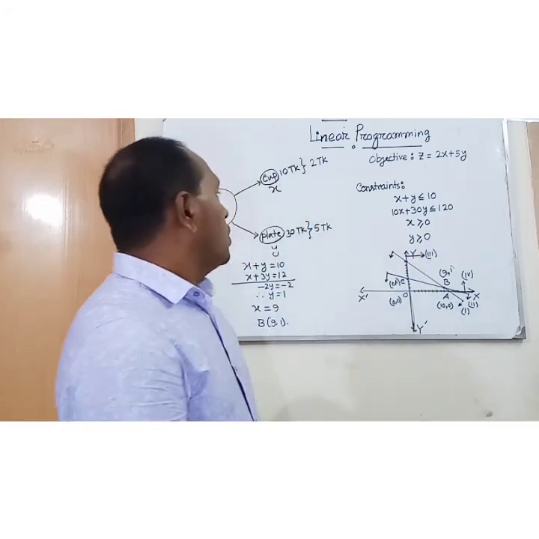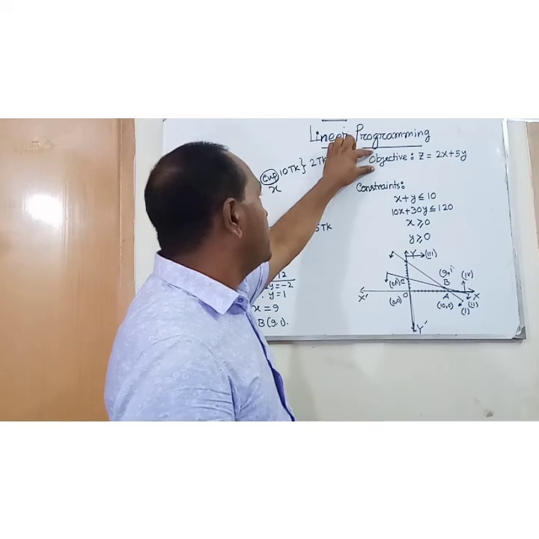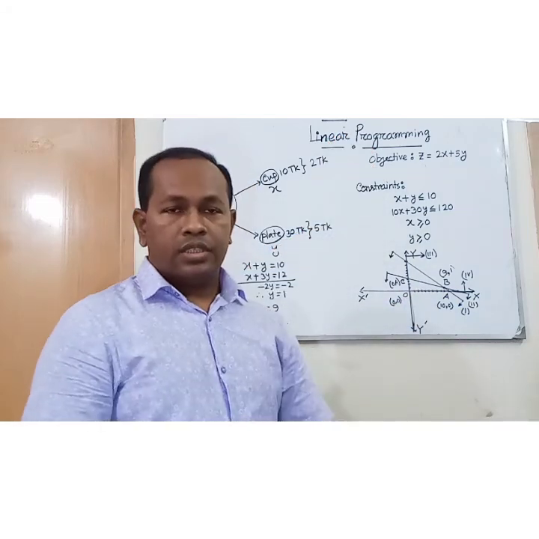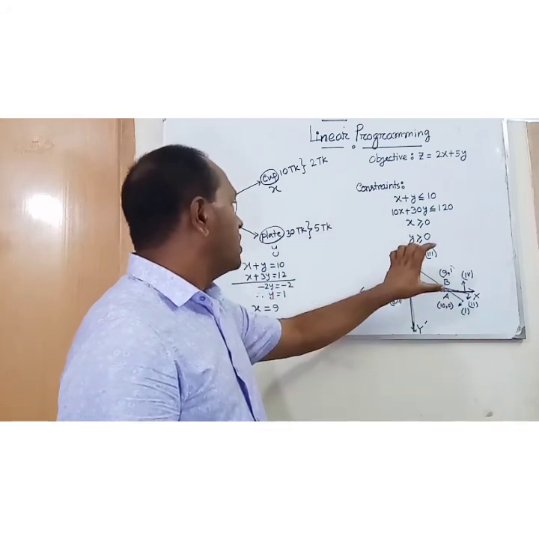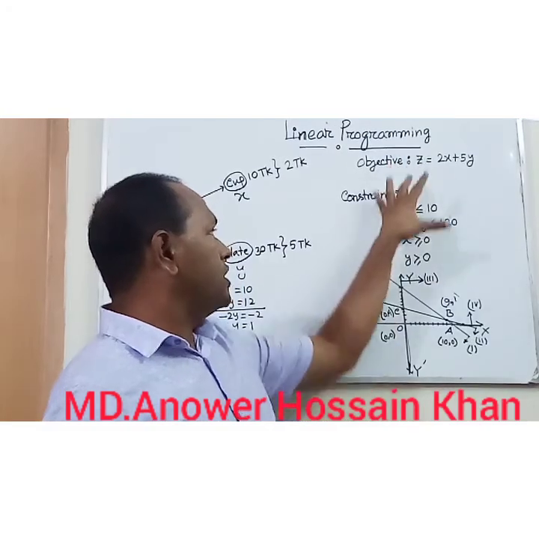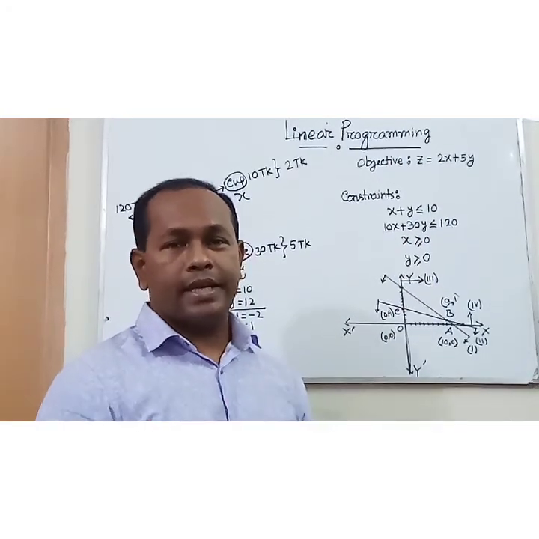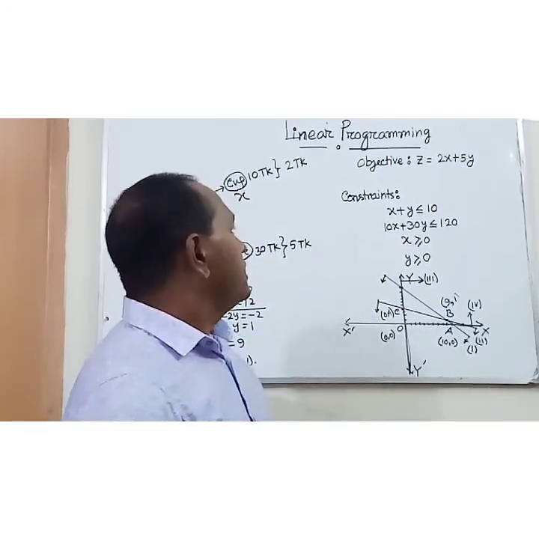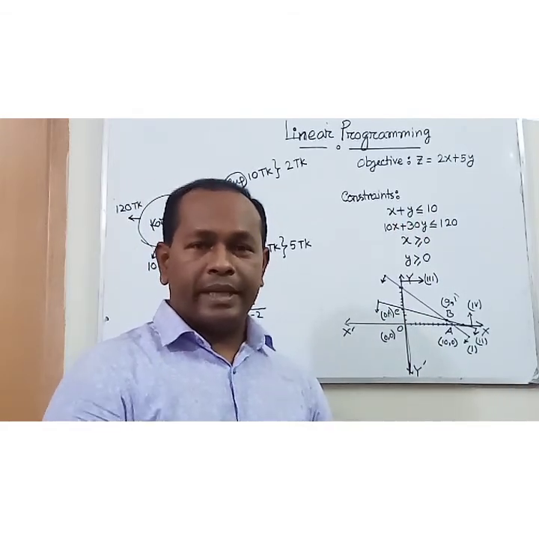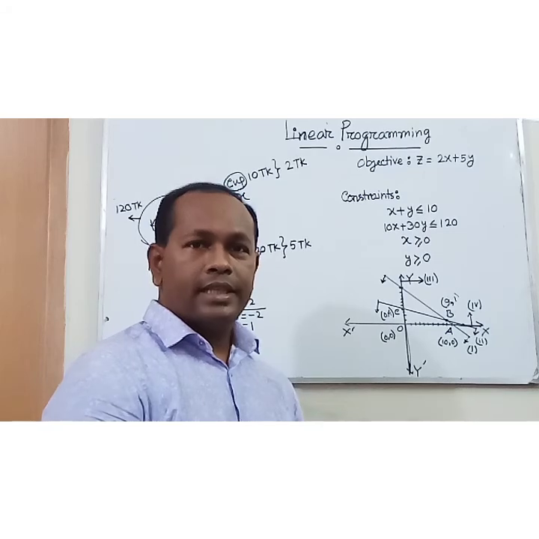So we got the objective function and we got the constraints, and this is a linear programming system. This is how you can express any problem in a mathematical system or linear programming system.